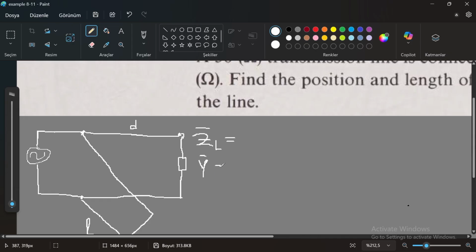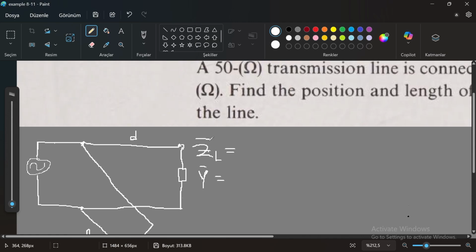Since the stub is connected in parallel, it is better to use admittance. After that, we can find these distances, but first of all, let's calculate these values.